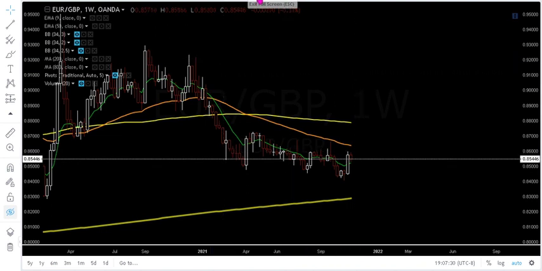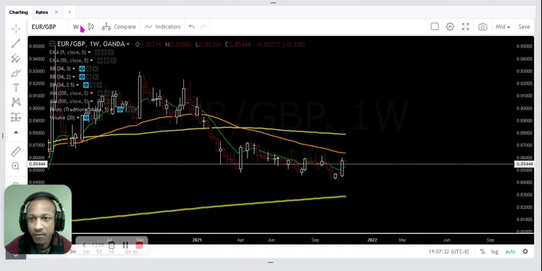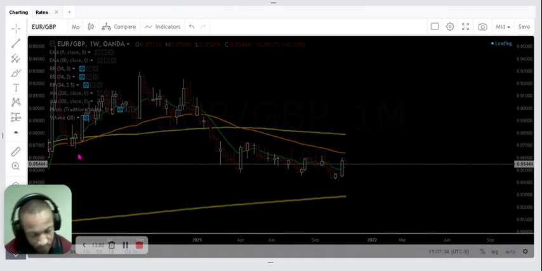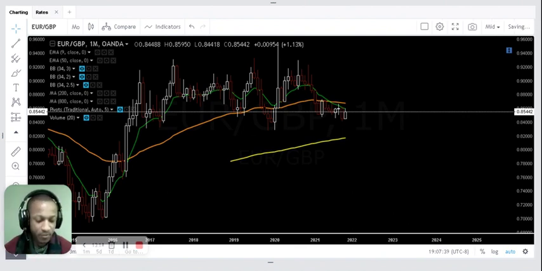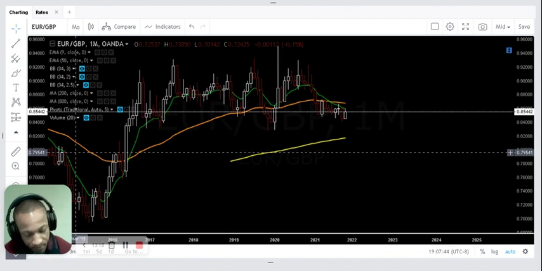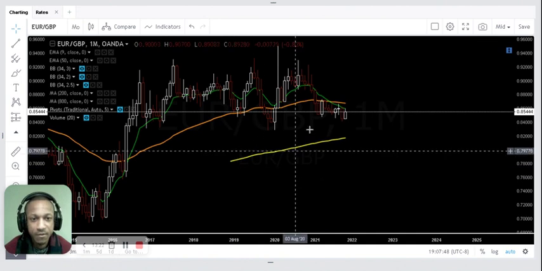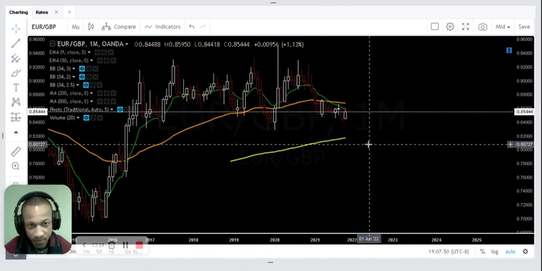Hold on. Let me go back to the monthly. I wrote something down wrong for the monthly. So this is further going to help with analysis when I get down to actually before I place the trade. This is going to help with the position I take. Okay, so the 50 is over the 200.